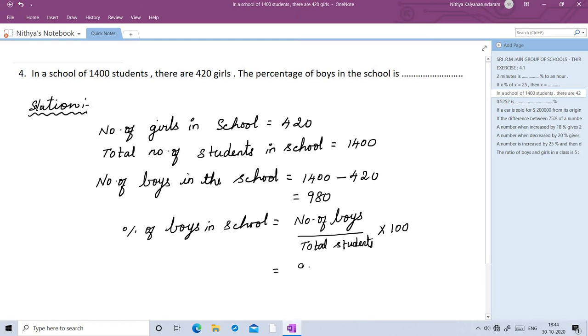So number of boys is 980 divided by total number of students is 1400 into 100. So 2 zeros we can cancel. So 980 divided by 14. So 14 table, we will get 70. So percentage of boys in the school is 70%.